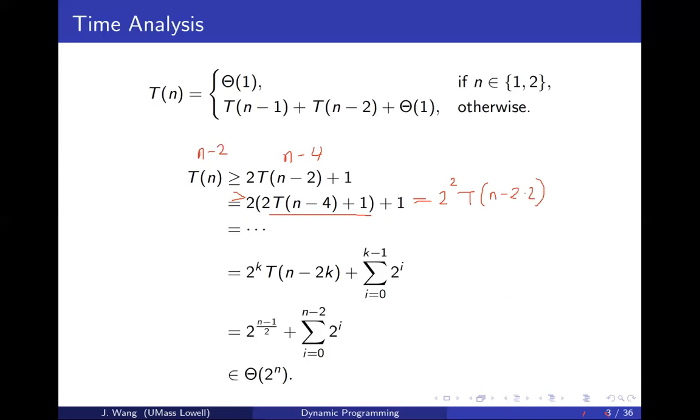So 2 goes in, so we get 2, and then plus 1. Okay, it's plus 1. So now we do one more step. So then you can see how we get to this. So now we get 2 to the 2.